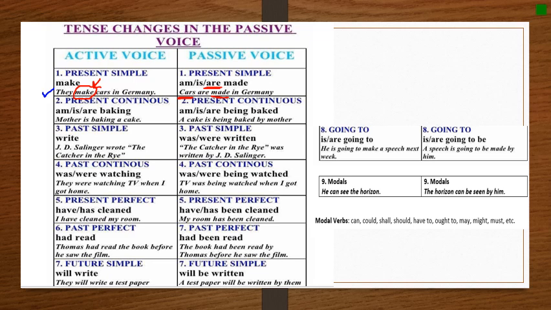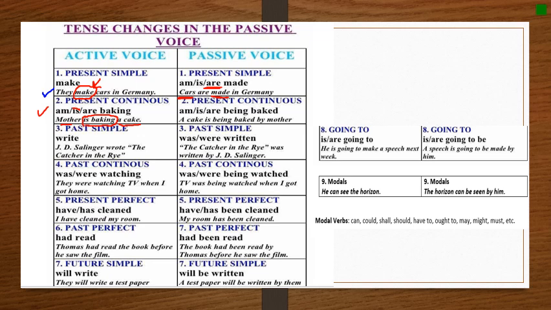Okay? Now, present continuous, verb to be. If my sentence were mother is baking a cake, circle the main verb. Mother is baking a cake. My subject is mother. What's she doing? Baking a cake. Direct object. Exchange the places of the direct object and the subject, which is mother. A cake.